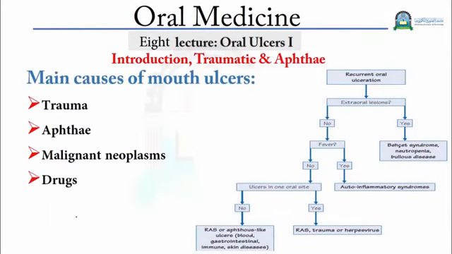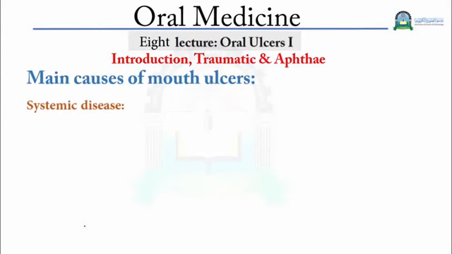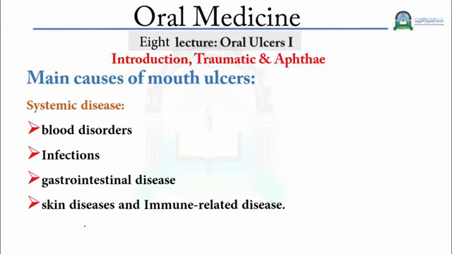What are the main causes of mouth ulcers? Trauma, aphthae, malignant neoplasm and drugs are the main 4 causes of mouth ulceration. The main causes of ulcers as systemic diseases are blood disorders, infections, gastrointestinal diseases, skin diseases, and immune-related diseases.